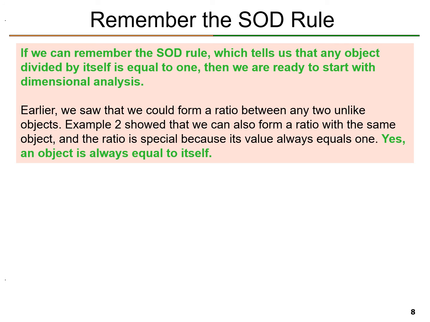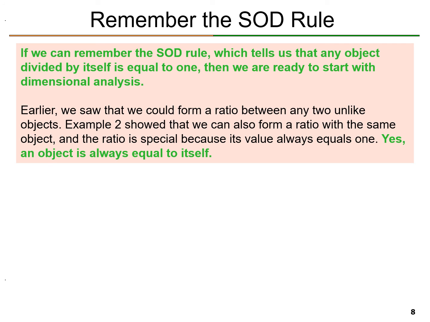Remember the same object division rule. If we can remember that rule, which tells us that any object divided by itself is equal to 1, then we are ready to start with dimensional analysis. Now, earlier, we saw that we could form a ratio between any two unlike objects. Example 2 showed that we can form a ratio with the same object as well.